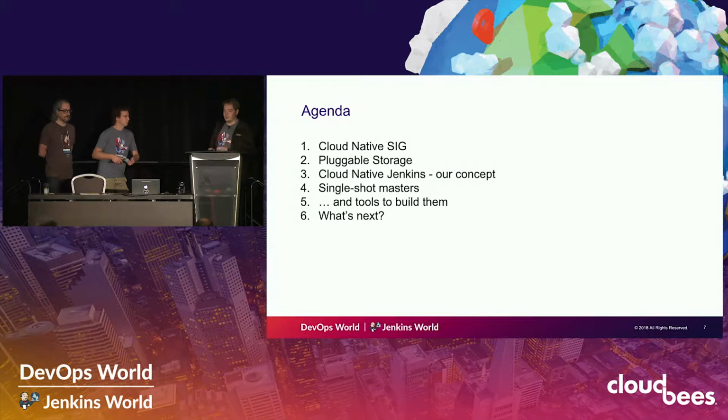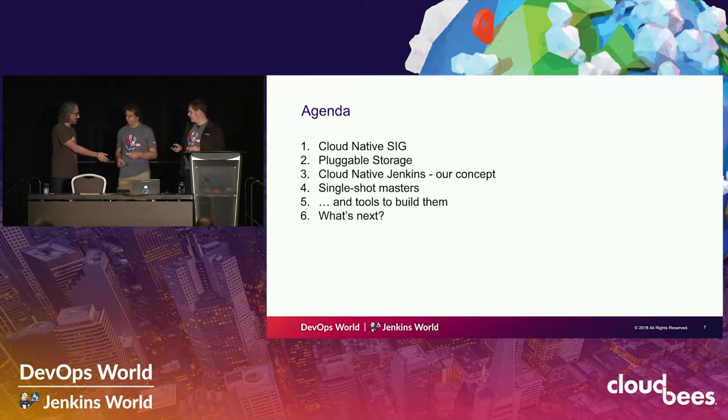So we will talk about pluggable storage, about cloud native Jenkins, how we would approach that, and what we need to do that, and we will show an existing prototype and tools which allow building such prototypes. But probably we should start with the Cloud Native SIG. So Carlos, oh, you don't have a mic?